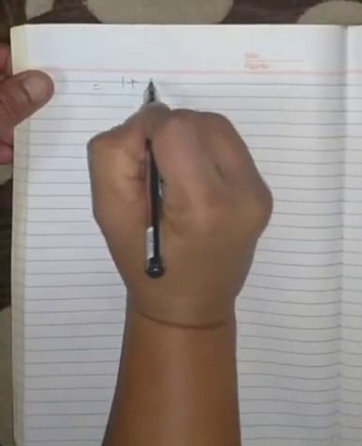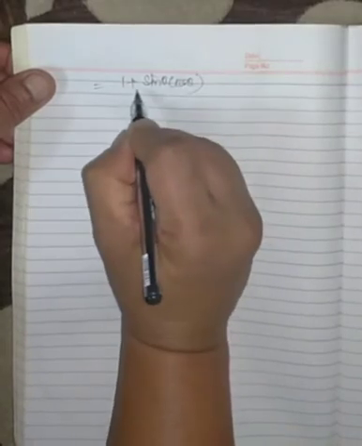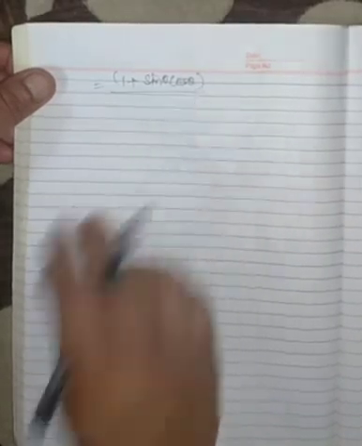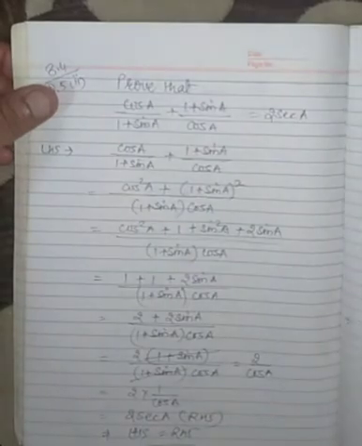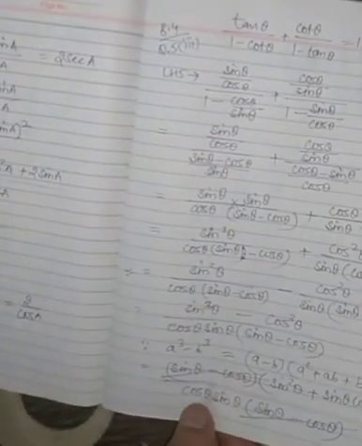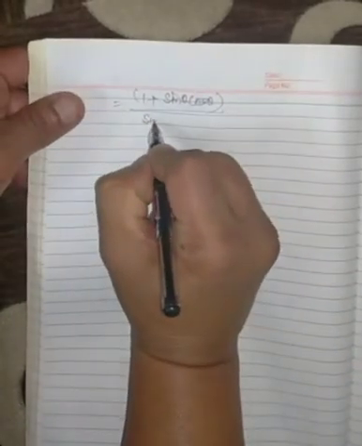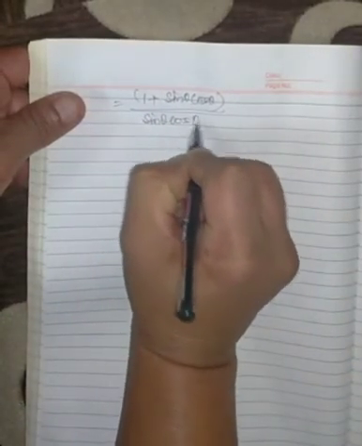So it is 1 plus sin theta cos theta upon, in denominator we have cos theta sin theta left, so it will come sin theta cos theta.